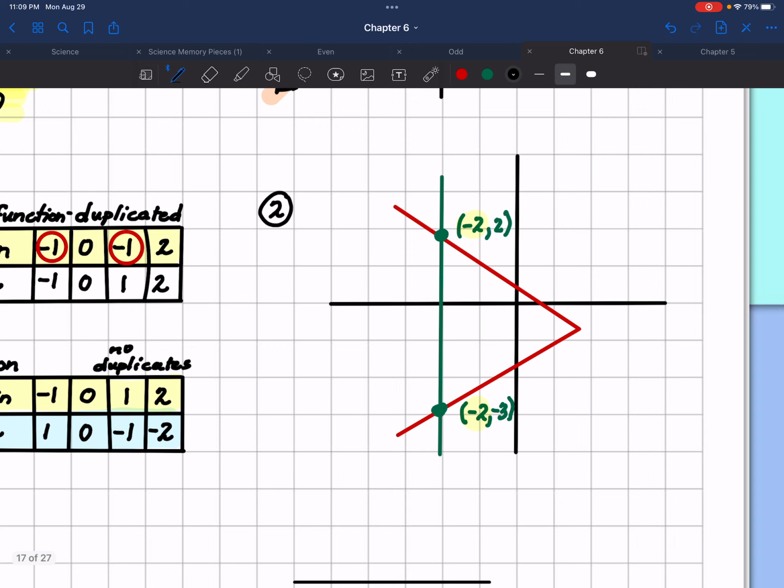So we would have to say that the vertical line test, let's see how to word it.